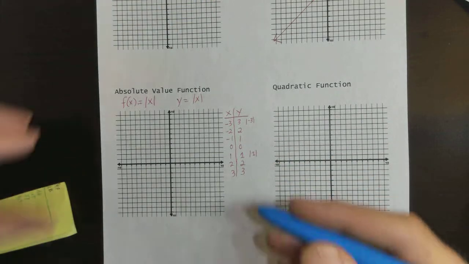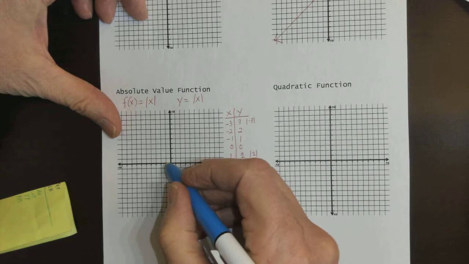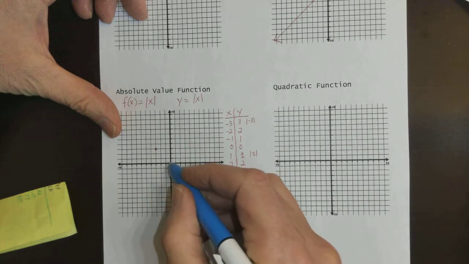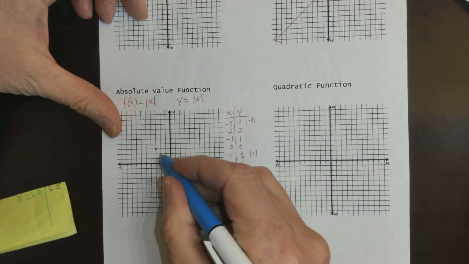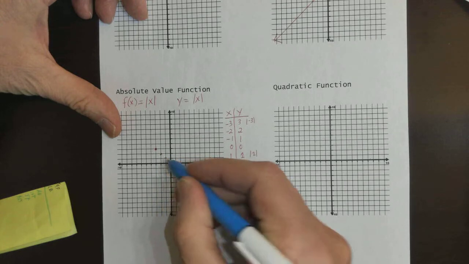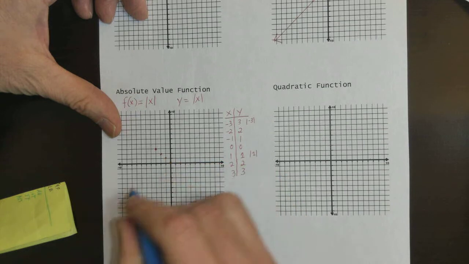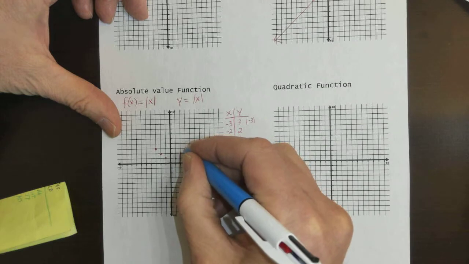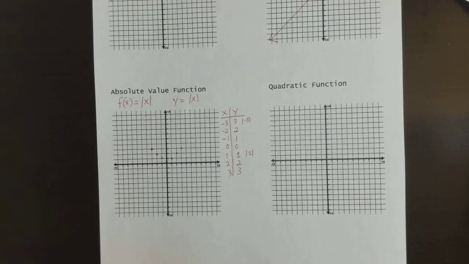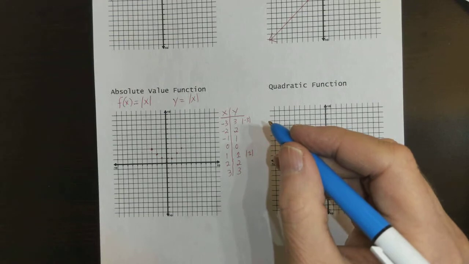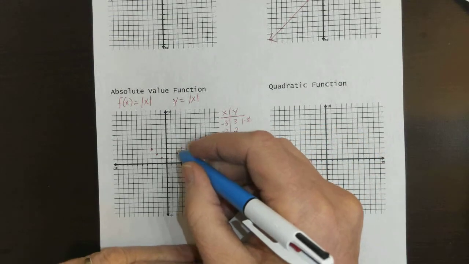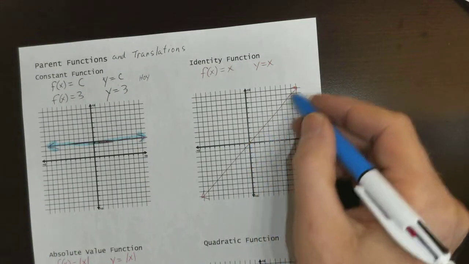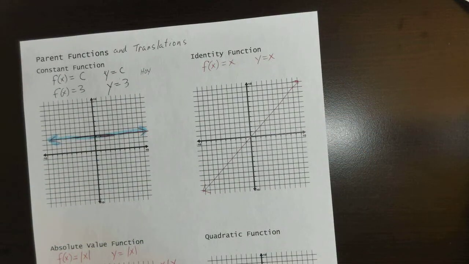So let's see what that looks like on the graph. Negative 1, 2, 3, positive 1, 2, 3. Negative 2, positive 2. Negative 1, 1. 0, 0. 1, 1. 2, 2. 3, 3. If you'll notice, this part right here is the identity, except it doesn't go down there.